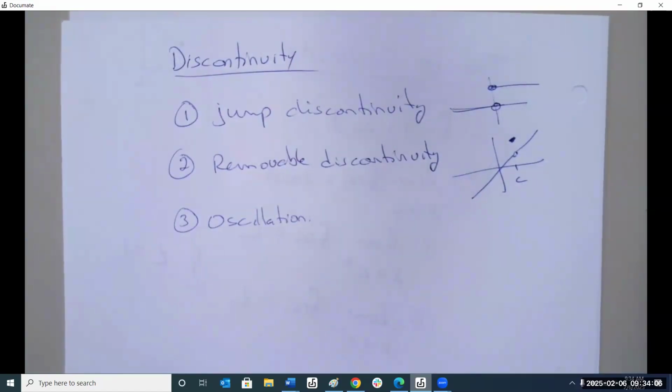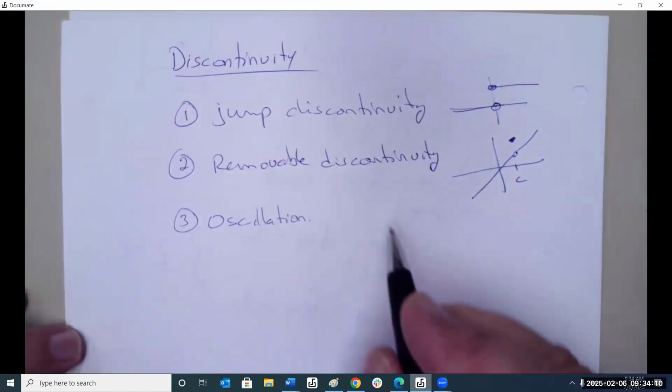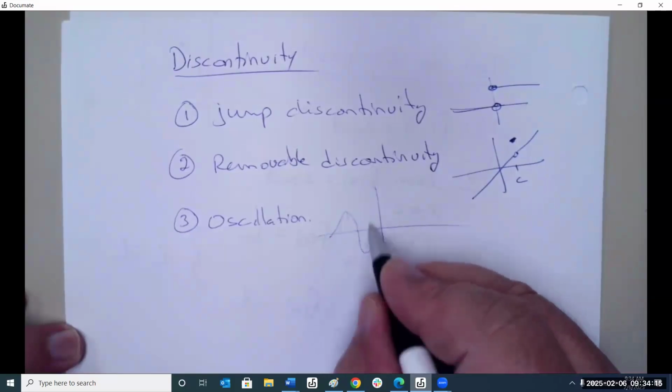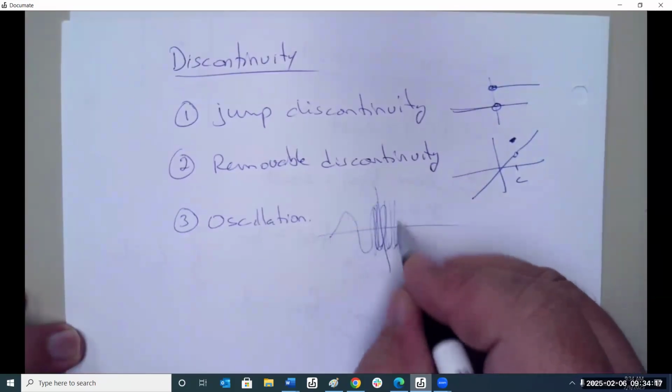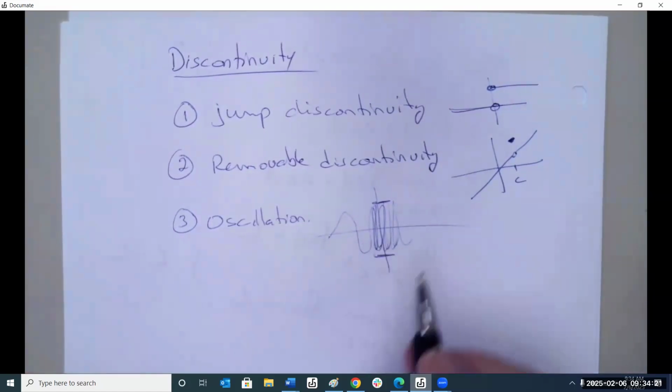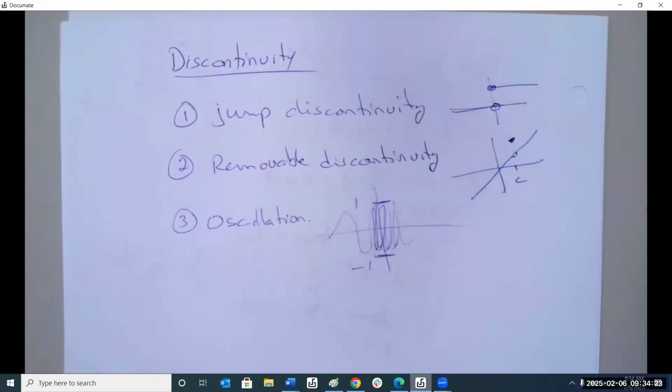Three, if the function oscillates. What does oscillation mean? If it goes up and down, up and down, up and down very sporadically within a bound, we can't tell what's going on.